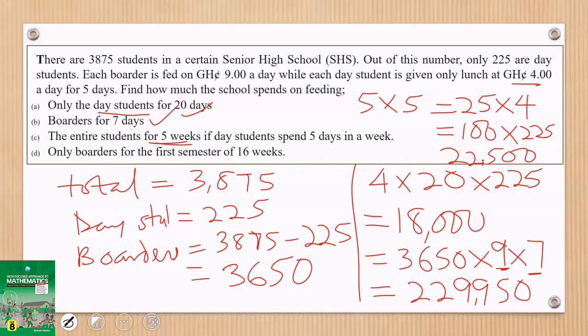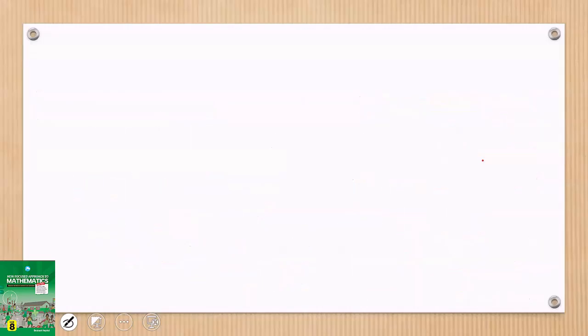Then on the part of the boarders, we are going to have 7 days in a week that they feed them, because they are in the boarding house, so they'll spend Saturday and Sunday. And so 7 days times 5 weeks times 9 cedis per student.